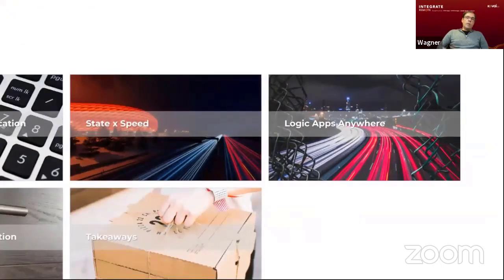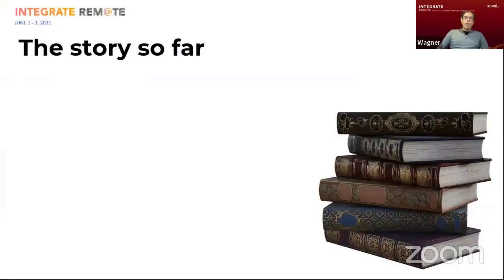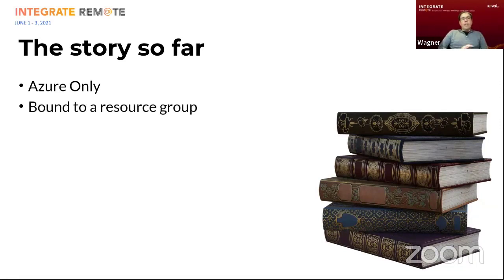And the third item here is Logic Apps Anywhere, that you all probably already heard a lot about, right? So from a Logic Apps Anywhere point of view, the story so far was Logic Apps was not everywhere. Logic Apps was pretty much an Azure-only component, the iPaaS running on Azure. So it was bound to a resource group, right?